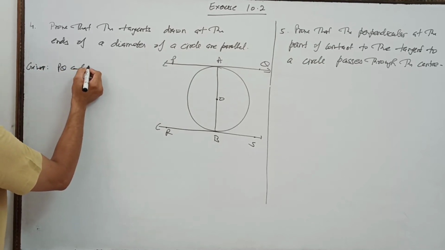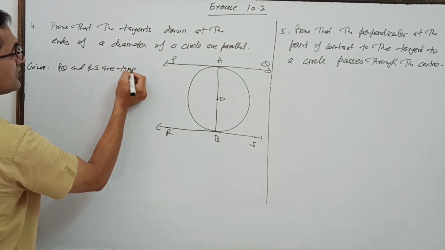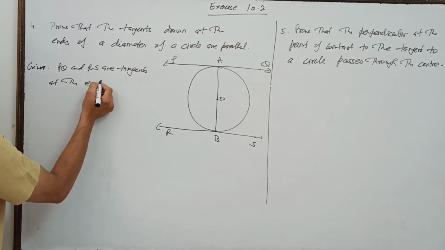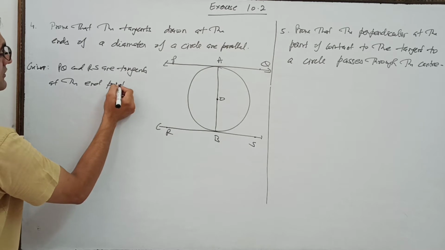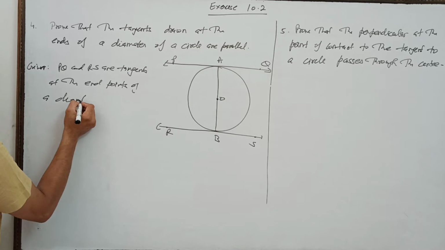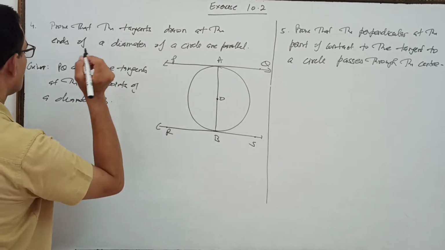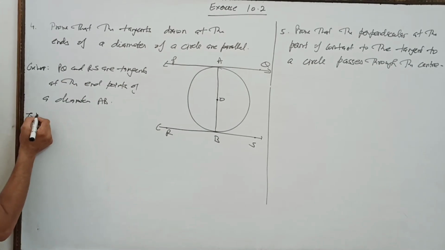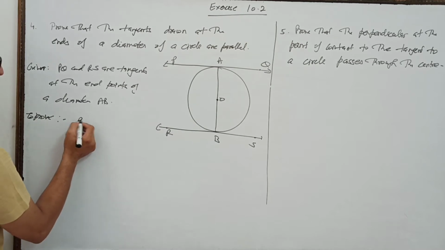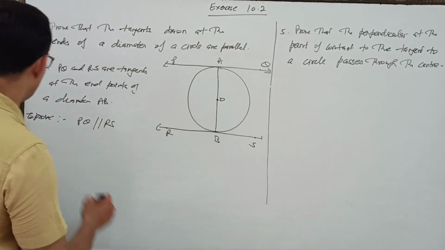PQ and RS are tangents at the end points of a diameter. We have to prove that PQ is parallel to RS.